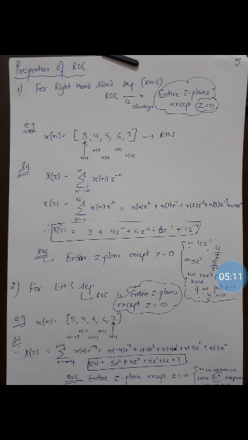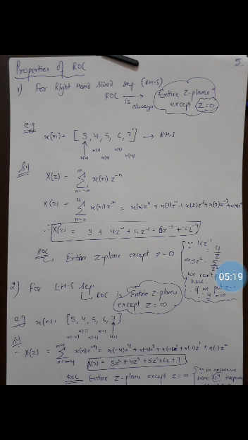Summation limits are -4 to 0, x of n z raised to power minus n. Put in the values of n: x of -4 z raised to power minus of -4, that means +4, plus x of -3 z cube, plus x of -2 z square, plus x of -1 z raised to power 1, plus x of 0 z0. The final answer for the Z transform is 3z to the 4 plus 4z cube plus 5z square plus 6z plus 7.